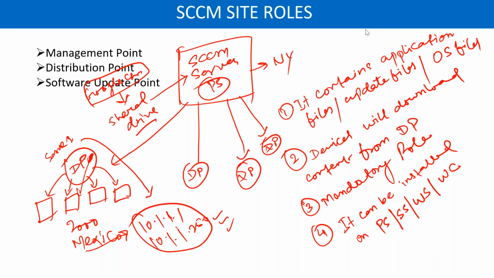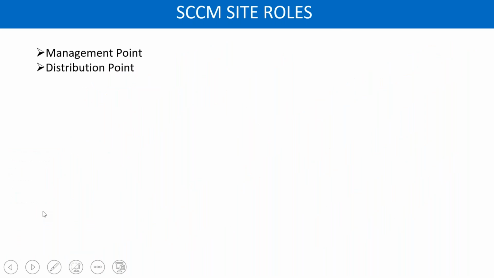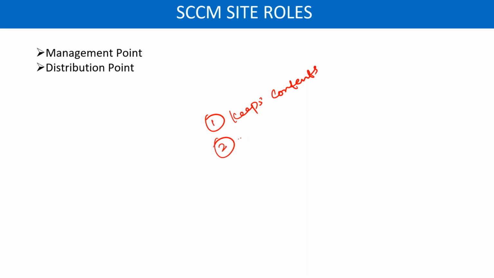Okay, so again, let me reiterate this. Point number 1, a distribution point keeps contents. Point number 2, devices download content from the DP, the distribution point.